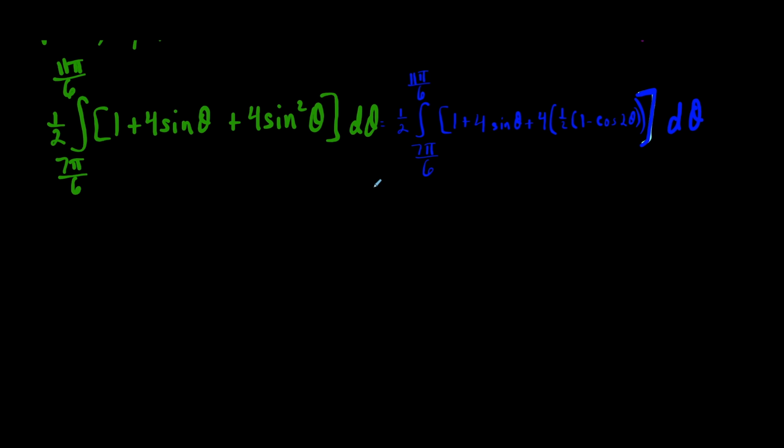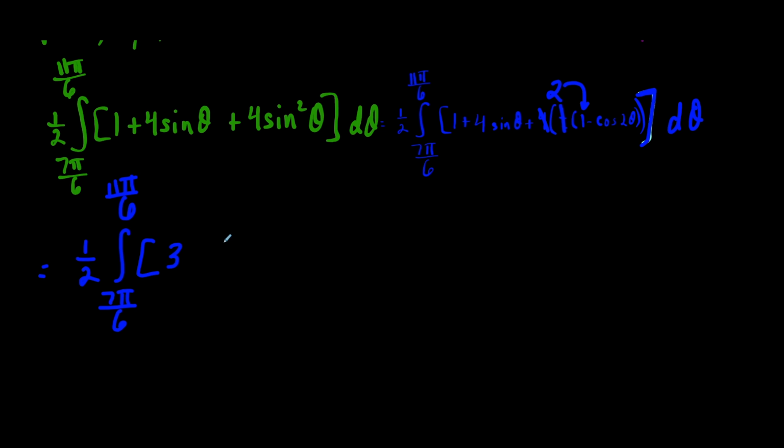To close this integral out, first we'll simplify. 4 times 1/2 is 2. So this is 1/2 times the integral from 7 pi over 6 to 11 pi over 6. On the inside, we have 1 plus, and if we distribute the 2, we have 2 times 1, so 1 plus 2 is 3.